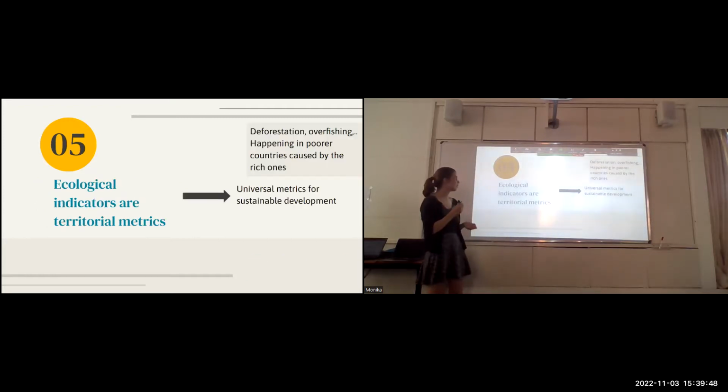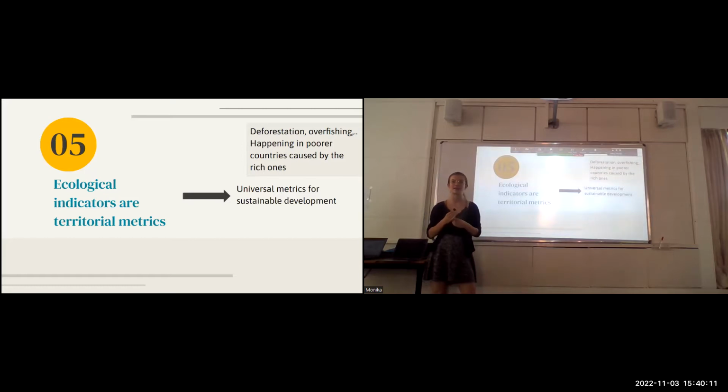The ecological indicators are territorial metrics. With that is meant that countries are assessed according to their territorial location, but often they're committing the pollution somewhere else in the world.